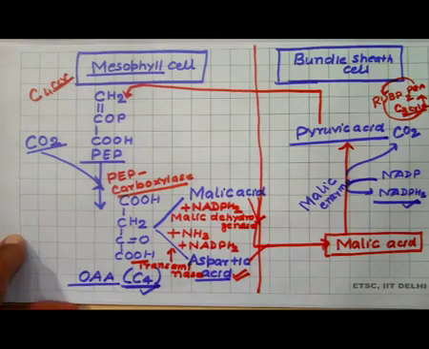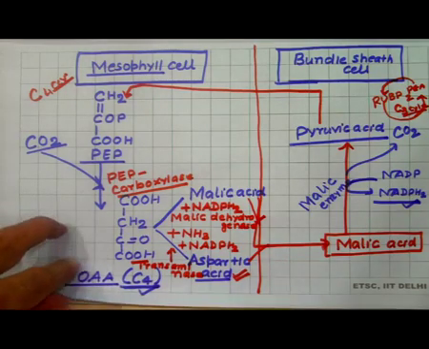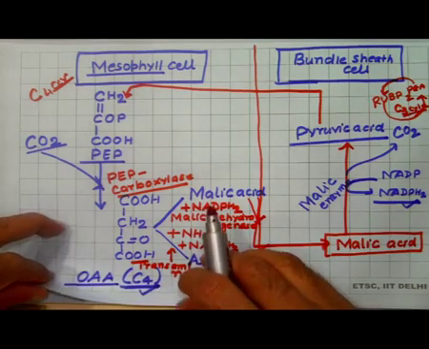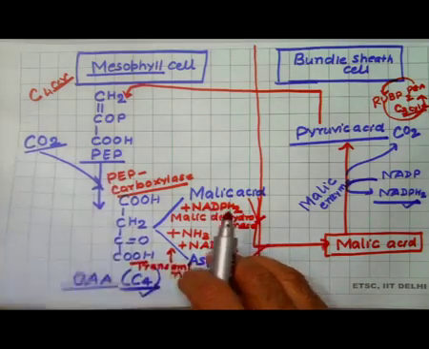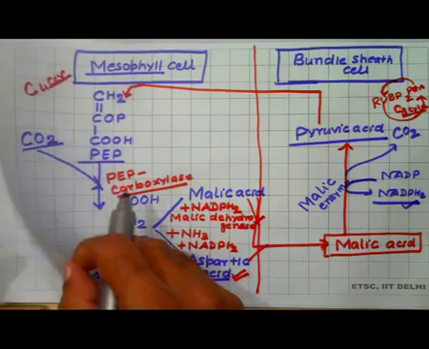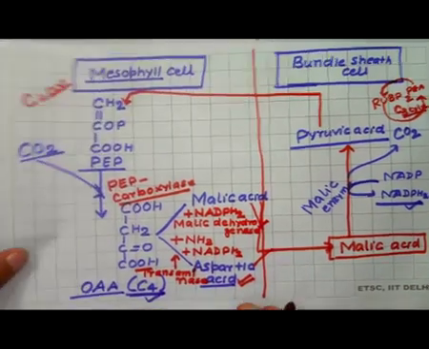So, the C4 cycle involves both mesophyll cell and bundle sheath cell, and the first stable product is oxaloacetic acid. So, this one is called the C4 cycle.